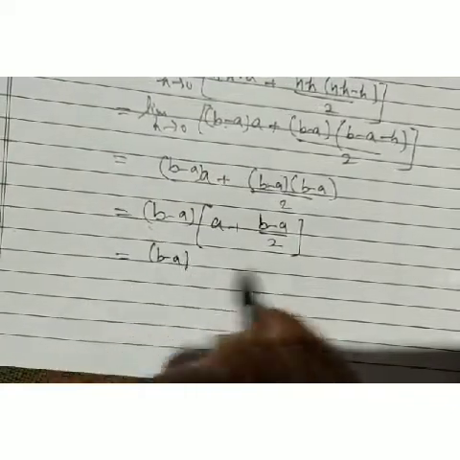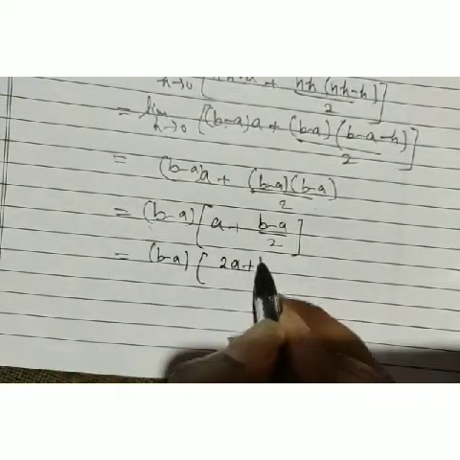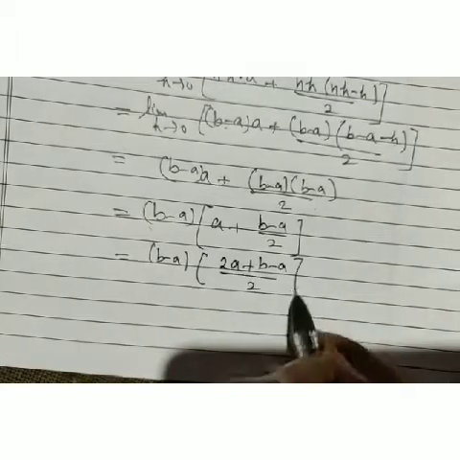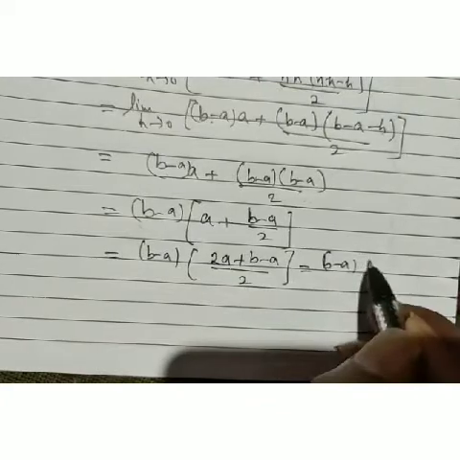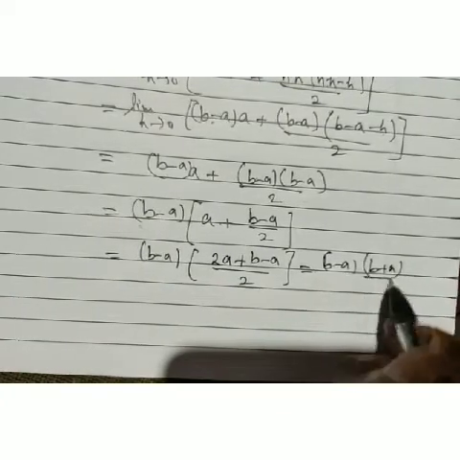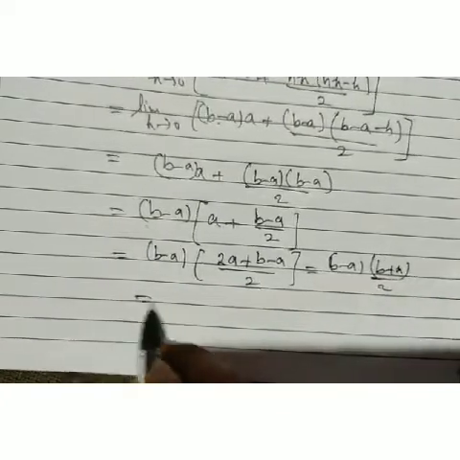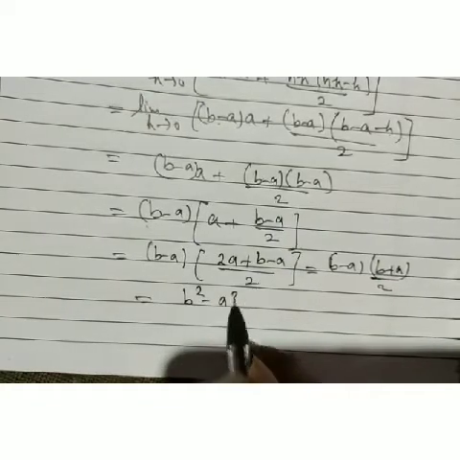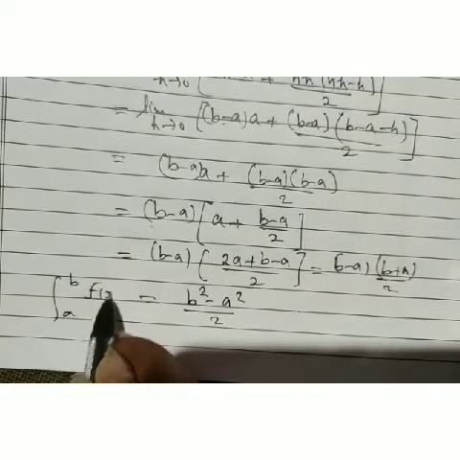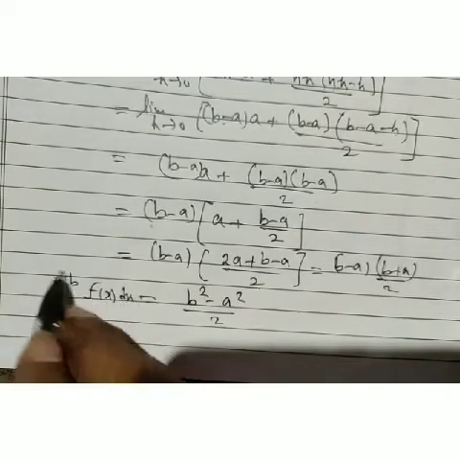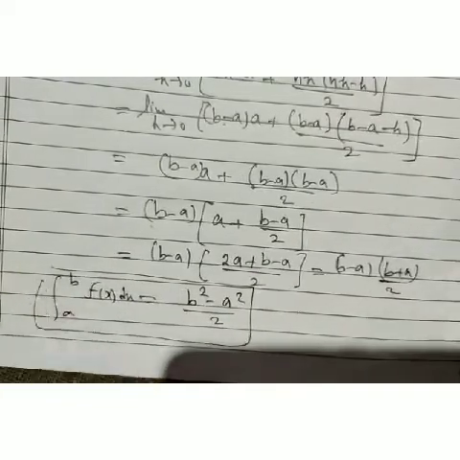Then we have b minus a, then it's 2a plus b minus a by 2. Then we get here b minus a, and this gives b plus a by 2. Then the value is given by b square minus a square by 2. Means integration over a to b f x dx is given by b square minus a square by 2.